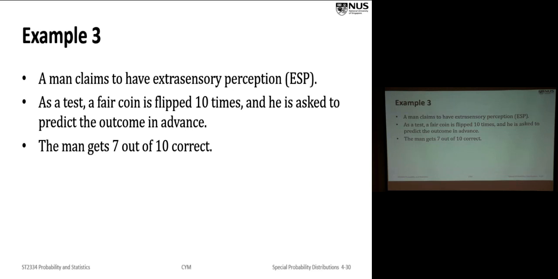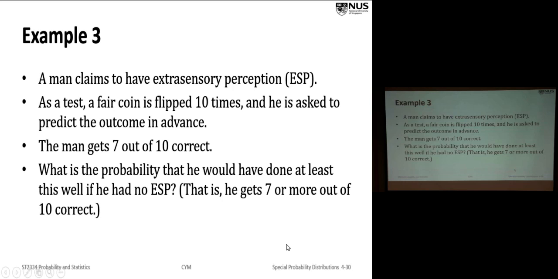Why 7 or more? Because just getting 7 is not good enough, right? You have to consider the chance of more extreme outcomes than what you see, including 8, 9, and 10.